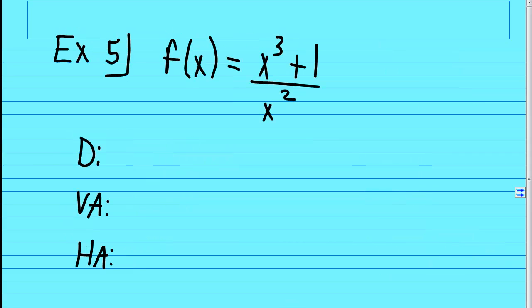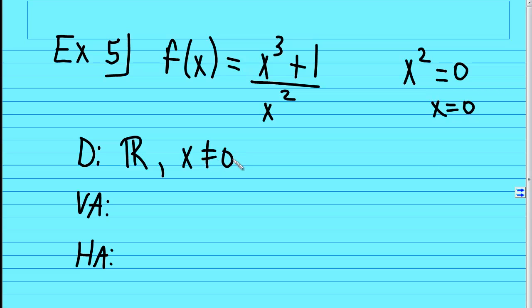Example 5. Set the denominator equal to 0 to find the domain. X is equal to 0. 0 is what makes the denominator 0, so that cannot be in our domain. So all real numbers except when x is equal to 0.